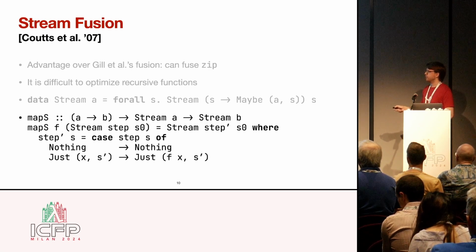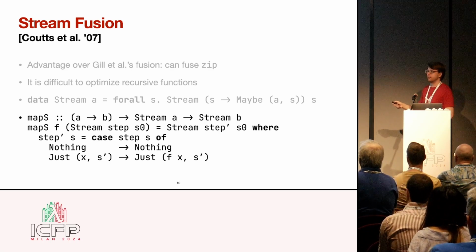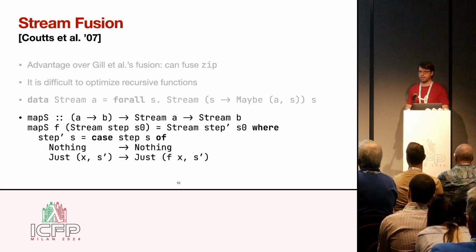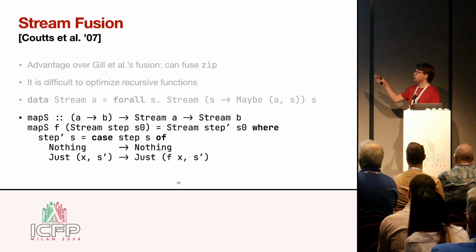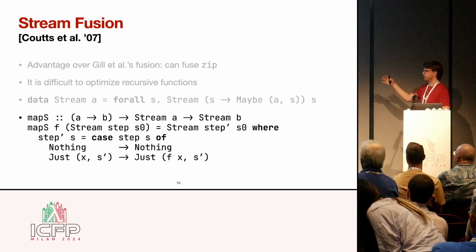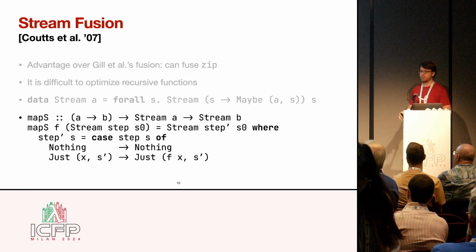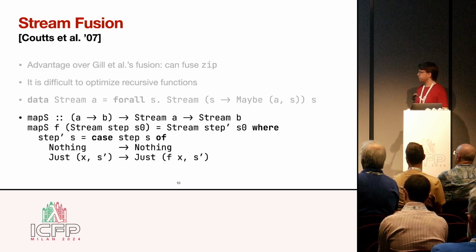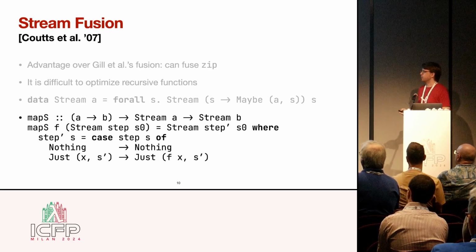And in the step function, the only change we make is if it returns an element, then we apply the function that we want to map over our list to this element that our stream produces. So this function is completely non-recursive. If you use them multiple times in a row in a pipeline on a stream, then GHC will just happily inline them and optimize everything away. So that's very nice.